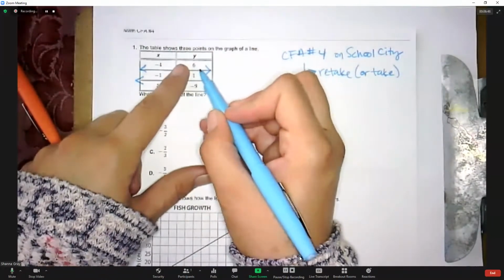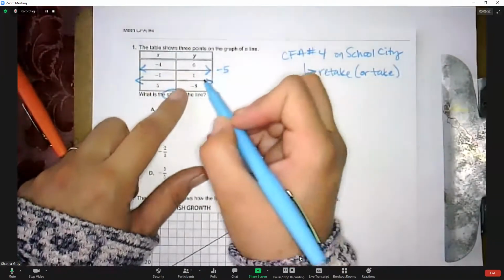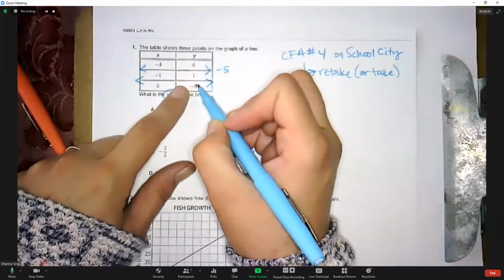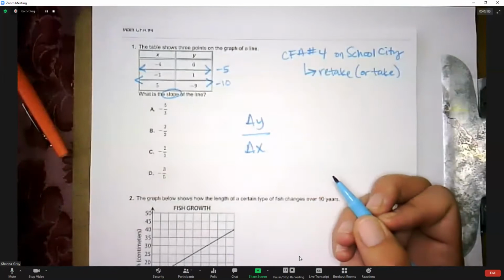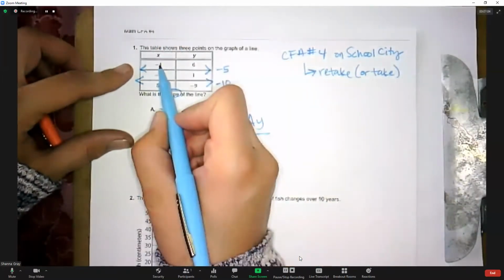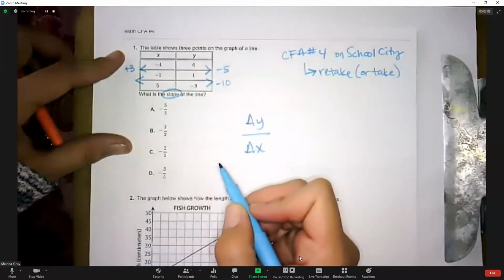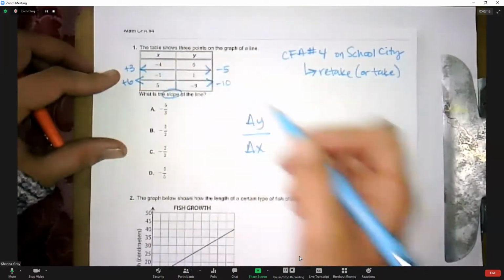So to get from 6 down to 1, I have to subtract 5. And then to get from 1 all the way down to -9, I have to subtract 10. And then on this side, if I do the same thing, -4 up to -1 means I have to add 3, and then -1 up to 5 means I have to add 6.